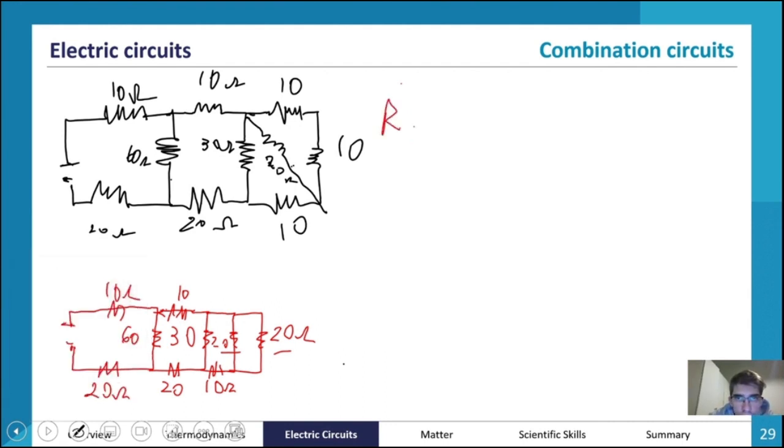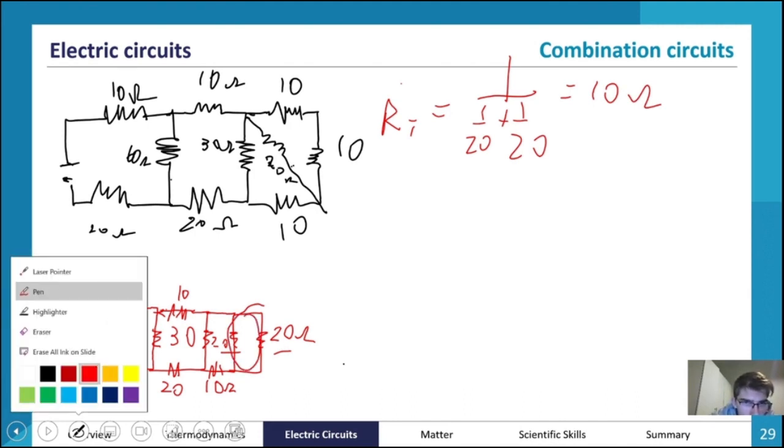The total resistance would actually be 1 on 20 plus 1 on 20. That would be 10 ohms, right? So you can replace these two with a 10 ohm.